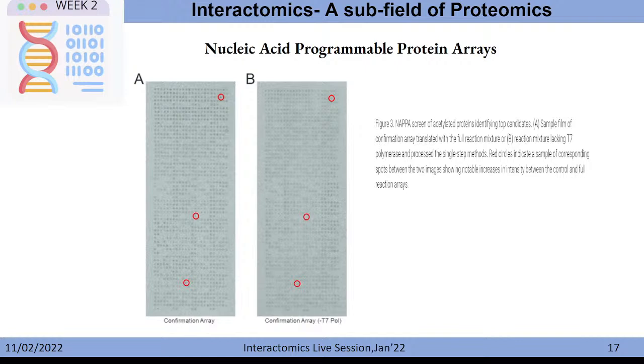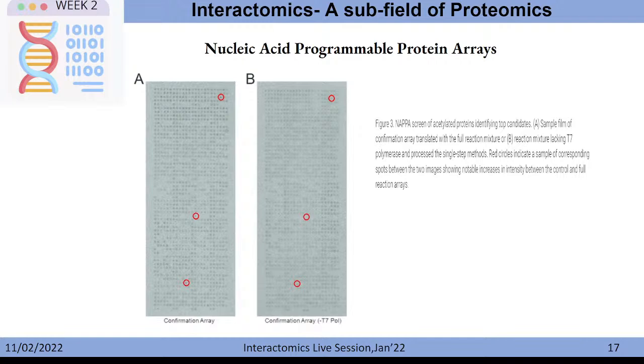Whereas if you don't find any particular proteins, then in the single step method or in the multi-step procedure, you will first use an enzyme inhibitor, a deacetylase, and then finally you will incorporate, quantify and normalize those intensities.